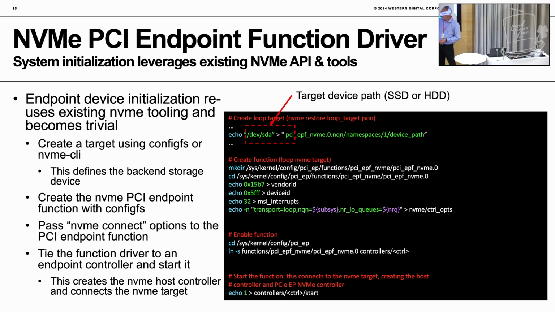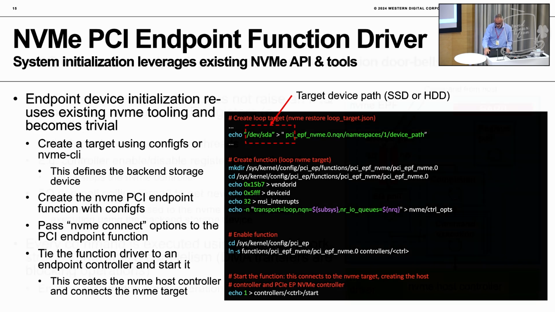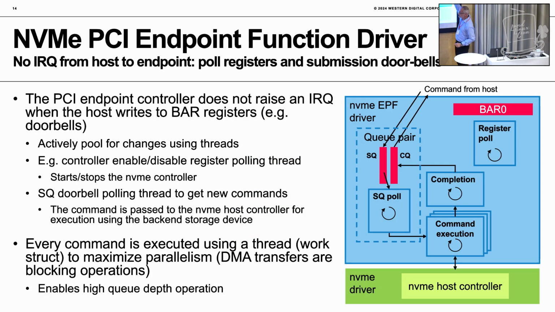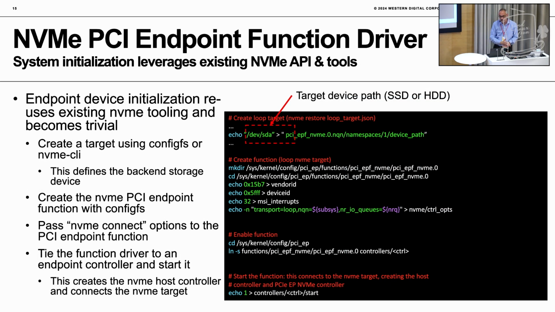And finally, you start the controller, which links everything together, and actually will do the connection between the host and target on the NVMe Fabric side, and also start the thread there, which will be polling the registers for the link state, and also the NVMe registers to wait for the host to tell you, I'm here and I'm starting to use you.